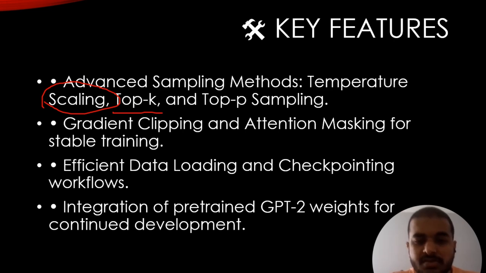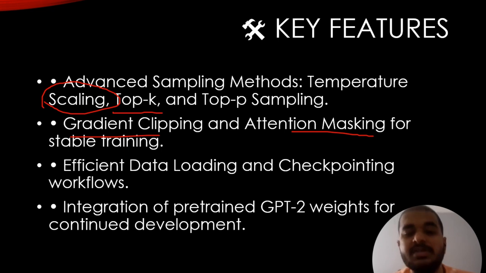If we don't use temperature scaling or top-k, it will produce the same output every time. Then we have used gradient clipping, attention masking, and the multi-head attention mechanism I told you about. Then we have created data batches for data loading for training.